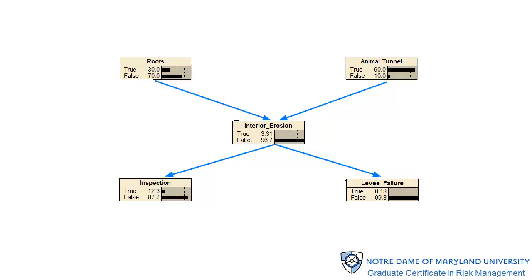In a Bayesian belief network, the dependencies between different variables are made explicit using arcs between nodes of the network, as shown here. Often there are relatively few direct dependencies. This means that many of the variables are conditionally independent. In the simple example here, the nodes inspection and levee failure are conditionally independent.